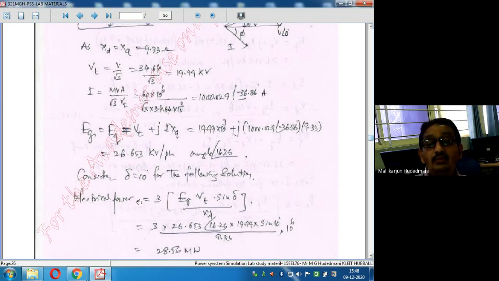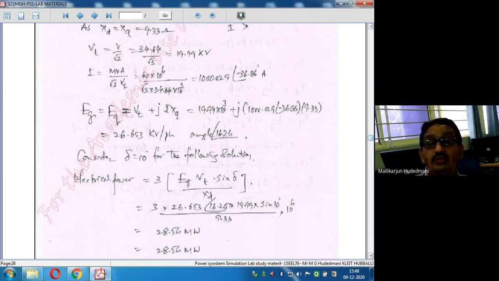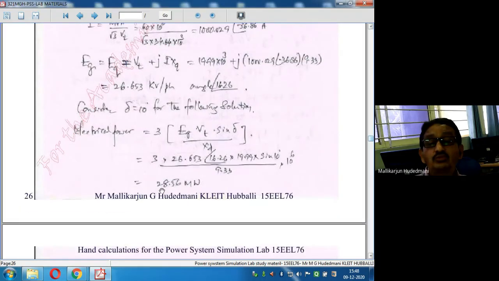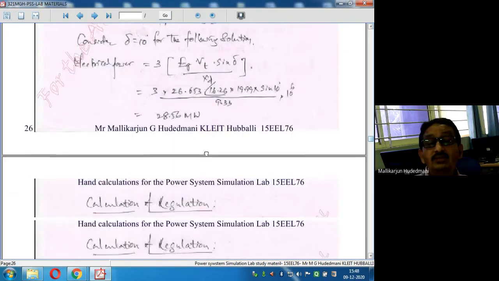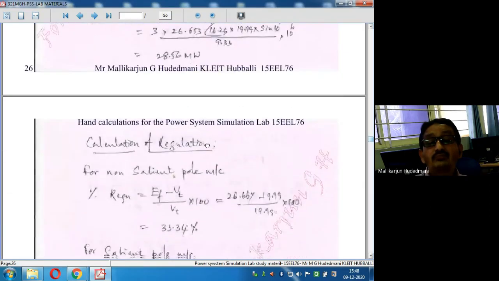I'll be able to tabulate the discrete values of power for specific delta, then project as a plot. To do that, take delta equal to 10 as a sample case study. When I put delta equal to 10, the computed power turns out to be 28.56 megawatt.